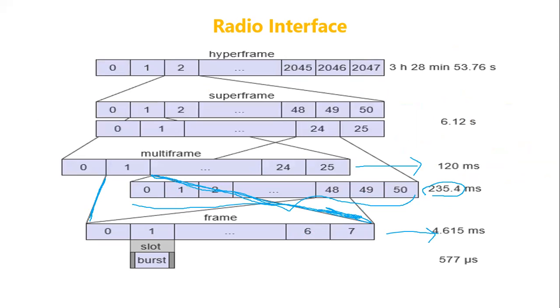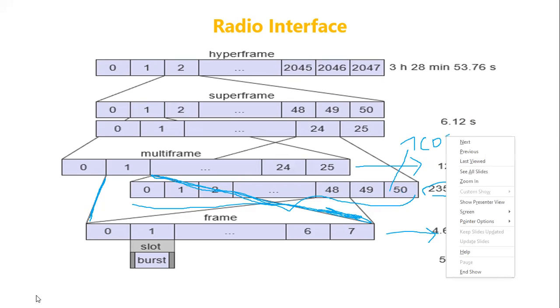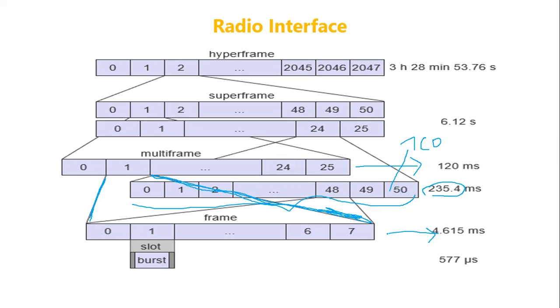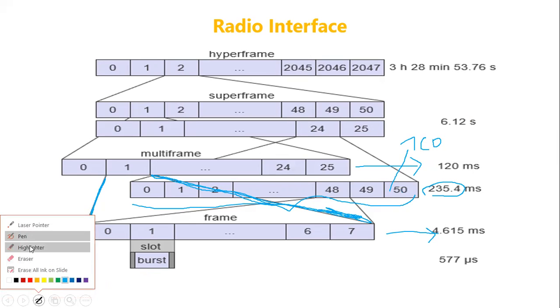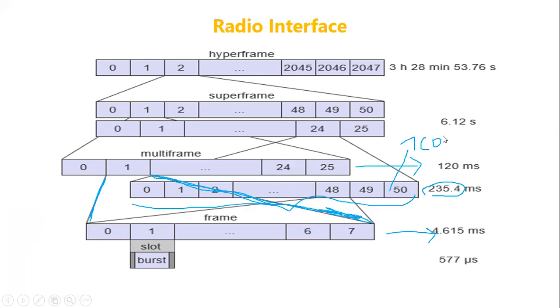When you multiply 4.615 into 51, what you get is 235.4 milliseconds. So this is control multi-frame. It contains all signaling information, and this control multi-frame is formed by joining 51 TDMA frames.